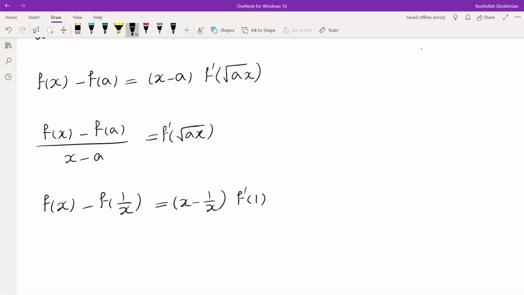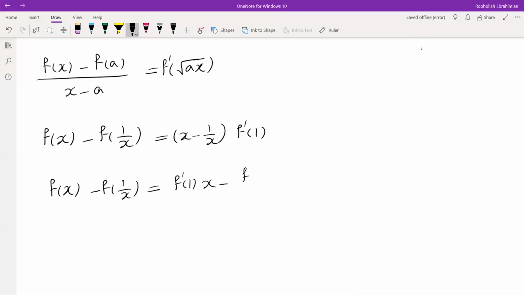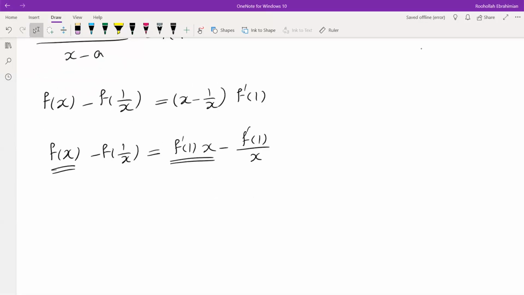That's kind of like saying f(x) minus f(1/x) is equal to f prime of 1 times x minus f prime of 1 times 1/x. So maybe, and we don't know yet, if these two are equal and these two are equal, that is going to work.